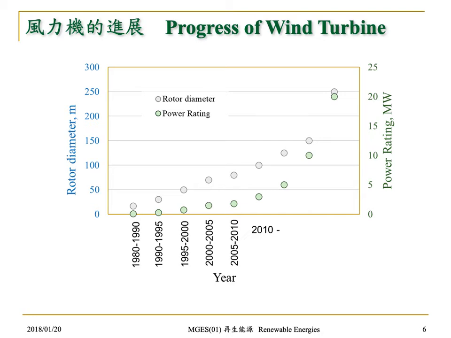And the power rating may go to 20 megawatts or higher. But right now in Taiwan, installations are around 2 megawatts, and recently installed offshore in Hsinchu, maybe around 6 to 8 megawatts. In the future, they will probably install much larger wind turbines.